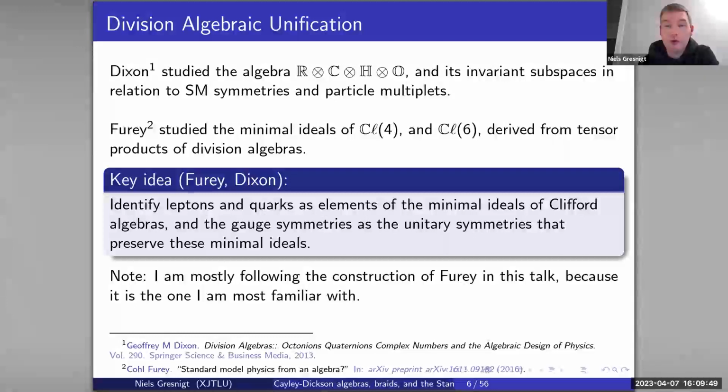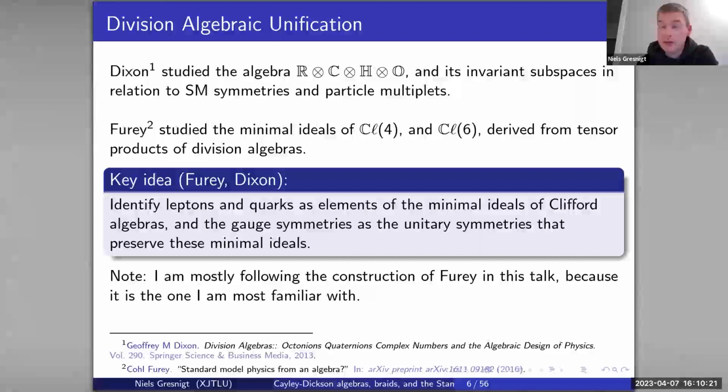And as I will show later, these Clifford algebras can be derived from letting tensor products of division algebras act on themselves. So the key idea is to identify the leptons and quarks as elements of the minimal ideals of certain Clifford algebras, namely those that can be generated from the division algebras, and identify the gauge symmetries as those unitary symmetries that preserve the minimal ideals.